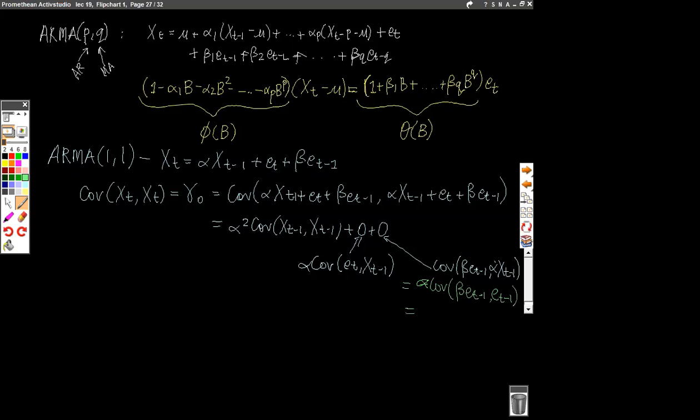So I know that the answer that I have for this is alpha sigma square. So instead of 0 here, you will have... Shouldn't it be alpha beta sigma square because of the beta as well? Oh, yeah, thank you very much. So this should be alpha beta sigma square, right? Right.